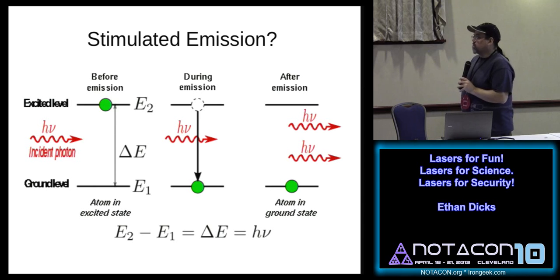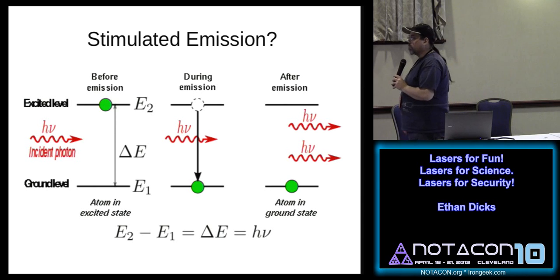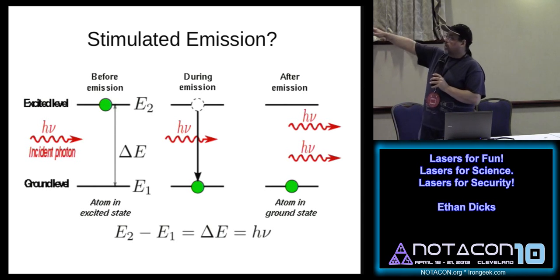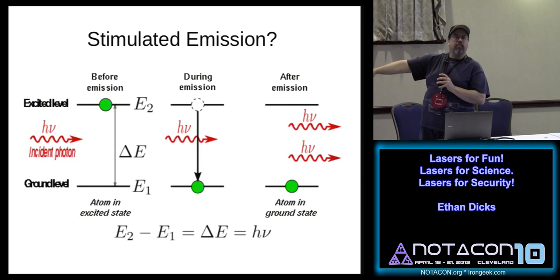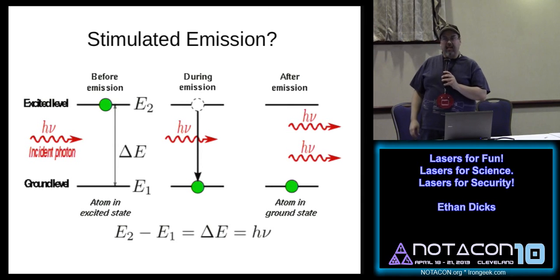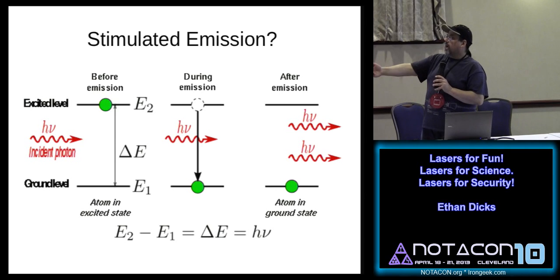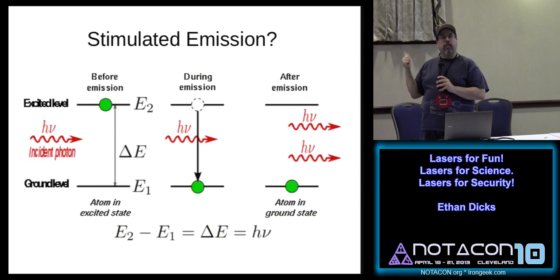Specifically, stimulated emission is sort of the physics part of this, where E2 and E1 are states of atoms in whatever material you're lasing, and you have a photon coming in with a particular energy. That's the incident photon on the far left, and that one photon excites the atom, releases energy, and what comes out is a pair of photons with identical frequency and energy.